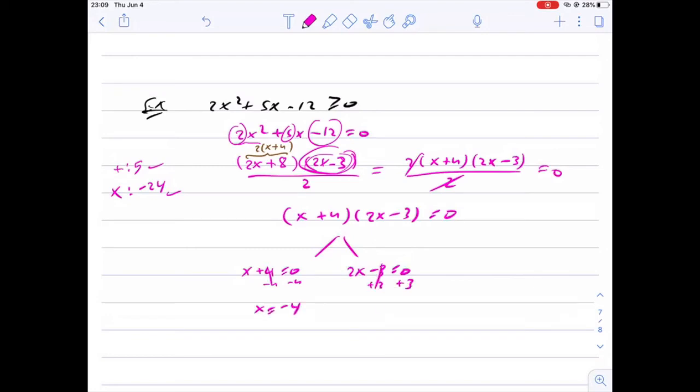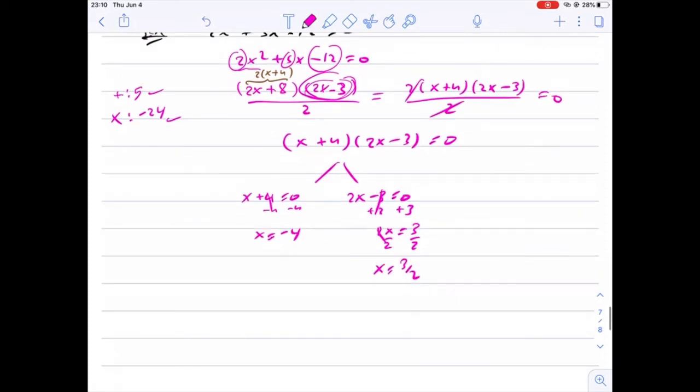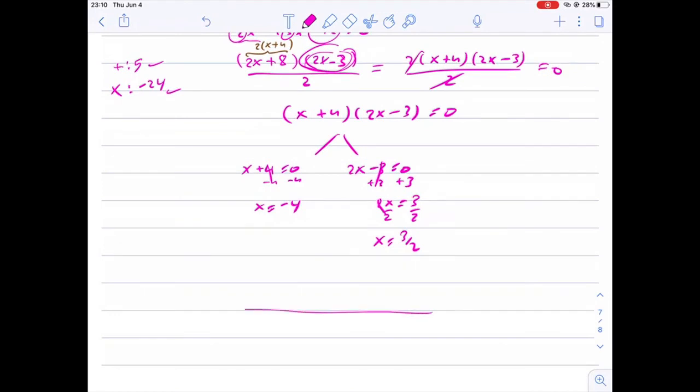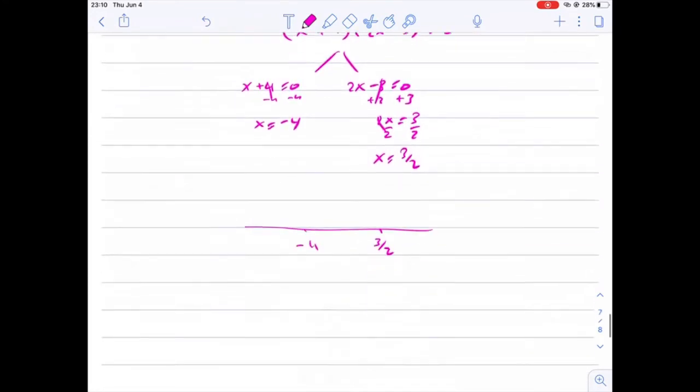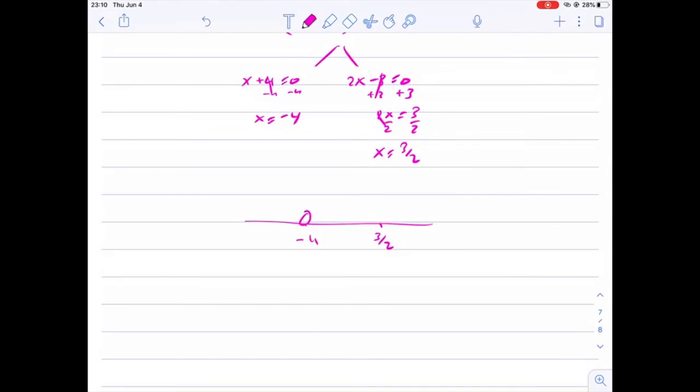When we solve this, we get 2x equals 3 and then divide by 2 to get x equals 3 halves. So we have two values. We put them on the number line, negative 4 and 3 halves. And since the inequality involves equality, greater than or equal, it will be closed at those 2 points.